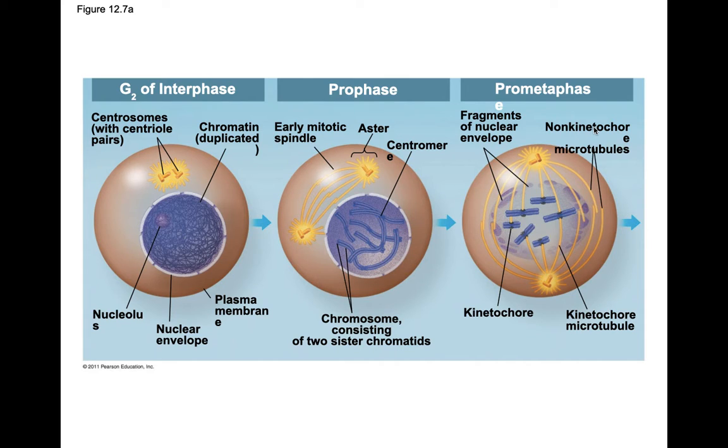We have non-kinetochore microtubules, which are going to be used to expand and push away the two pairs of sister chromatids from each other. So they're going to be expanding the cell and helping with cell division. And we'll also notice that the nuclear envelope has been fragmented, so it is kaput.